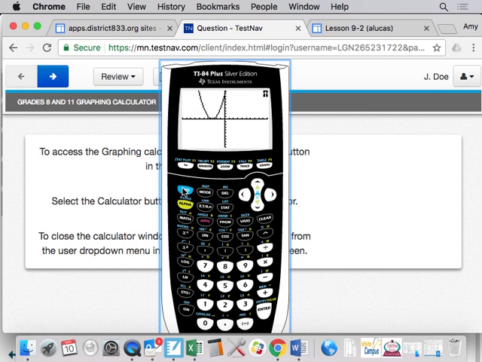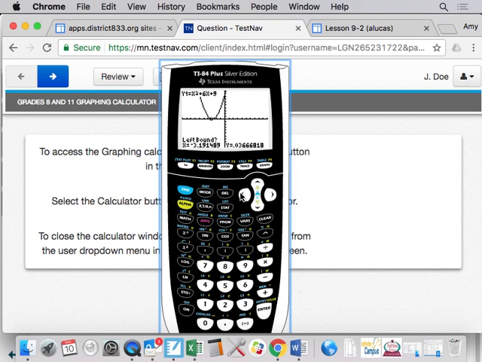So if I do my second calc, zeros, let's say that looks like the left boundary. Oh, no, that didn't work. I don't think I did a very good job on that one. I'm going to try that one again. Okay, zeros.